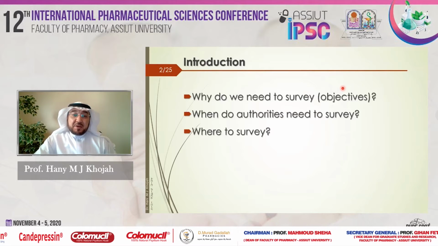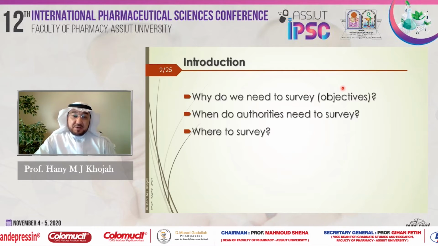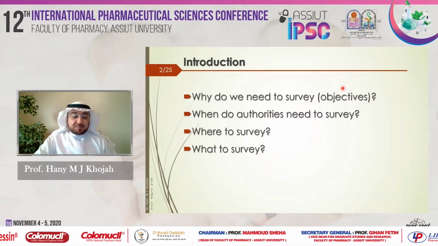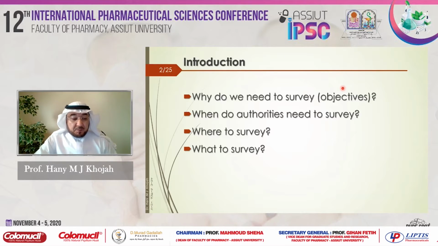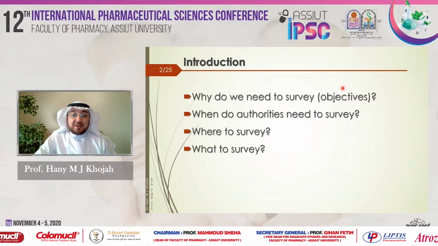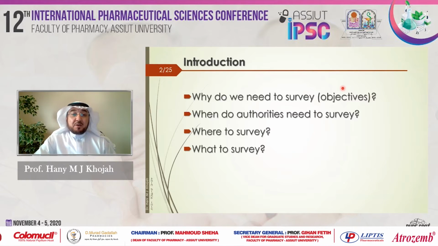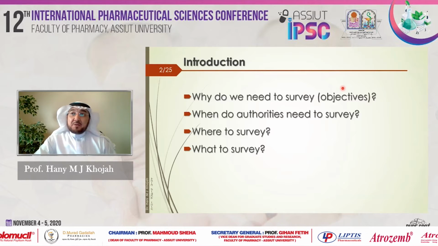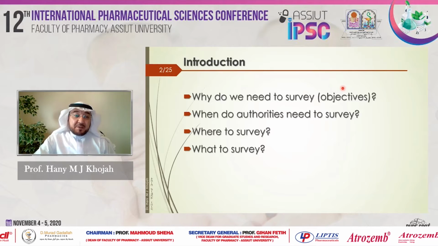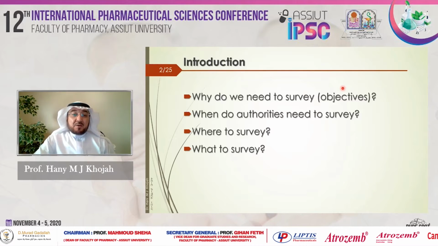Also, this should be kept in mind before conducting a survey for the quality of medicine. And more importantly, also what to survey. Shall we survey all the market, all the medications available, or only some targeted medication? This again depends on the budget we have.